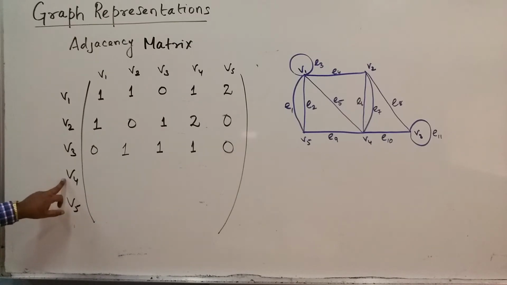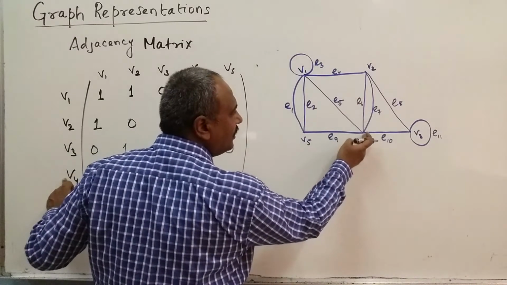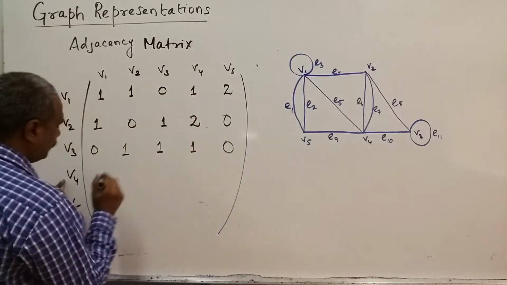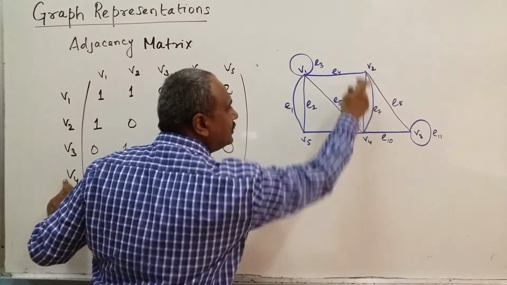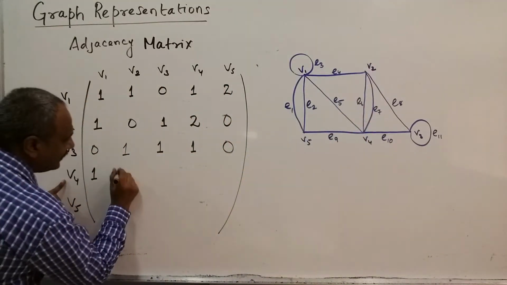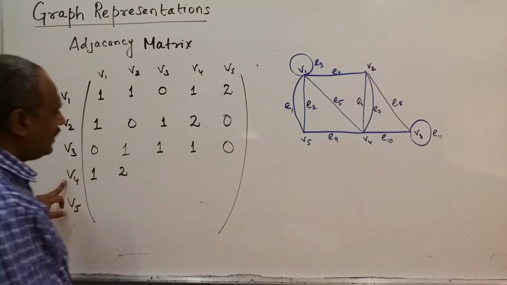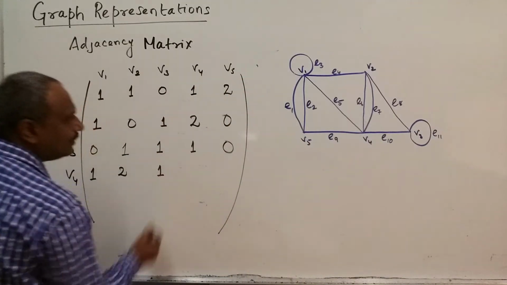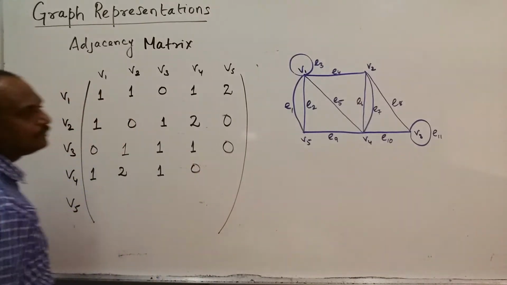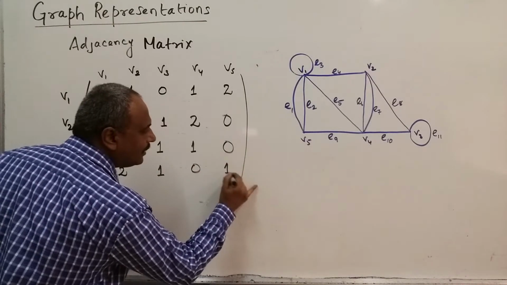Next, I am going to check for V4. When I check for V4, V1, yes, there is one link. V4, V2, there are two edges. And V4, V3, 1, there is no loop. V4, V5, 1.